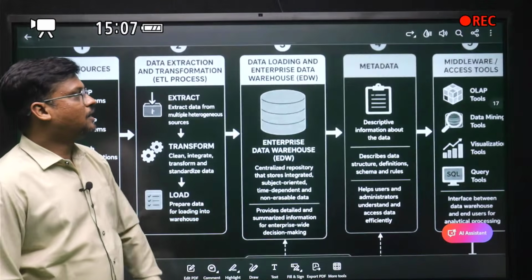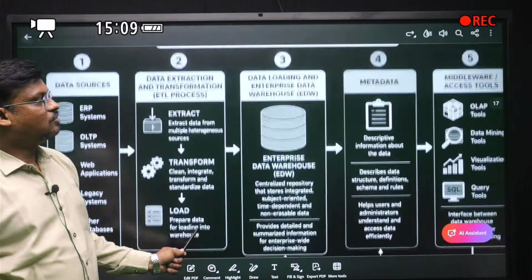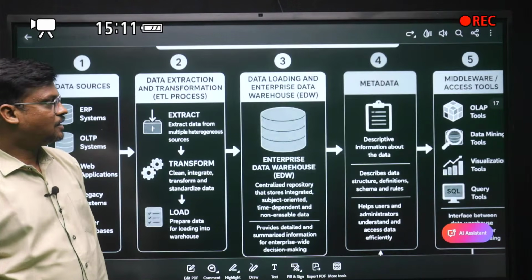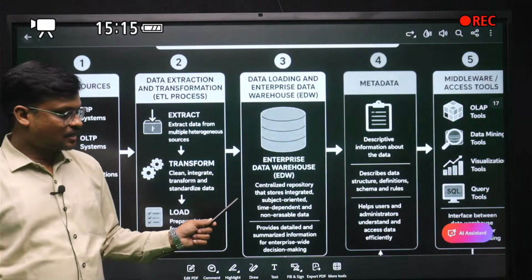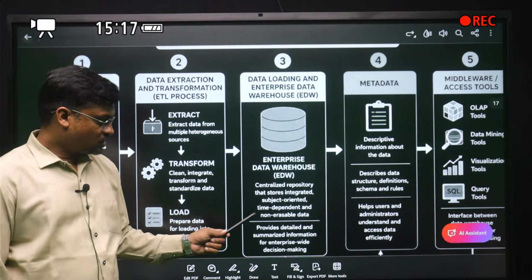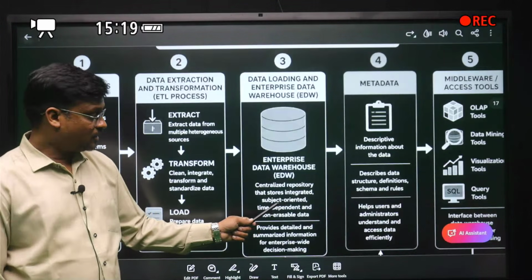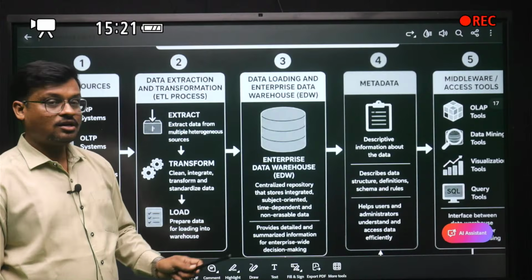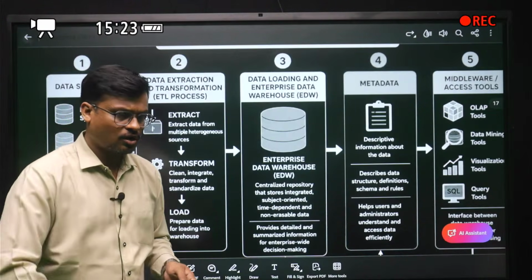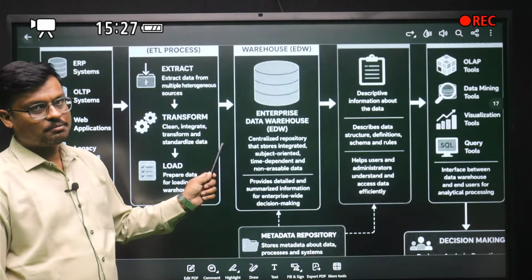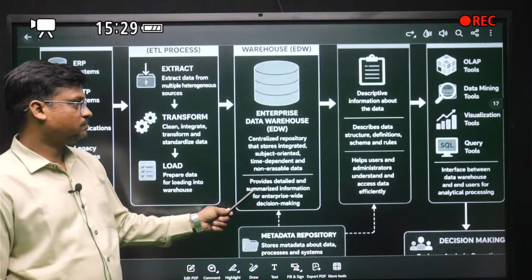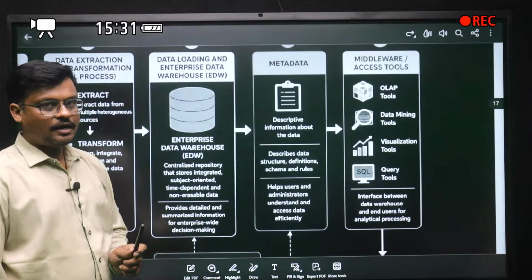The third one is data loading and enterprise data warehouse. Here we will store the data in a centralized repository that stores integrated, subject-oriented, time-dependent and non-erasable data. We call it non-volatile data, so that your data has been dumped and stored permanently in your data warehouse. Fifth one, metadata.